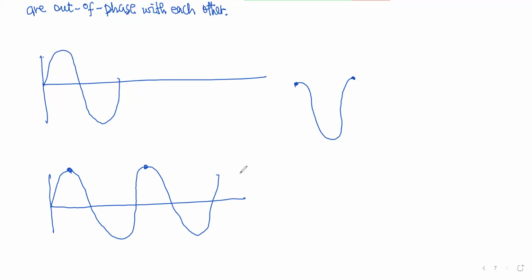So either this one, or from trough to another trough. So this shape of a wave is a full wave. This is also a full wave. And this is also a full wave.